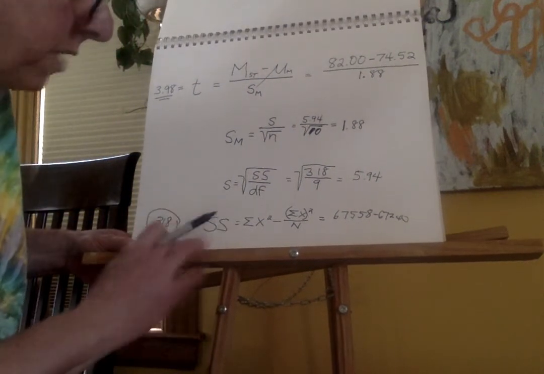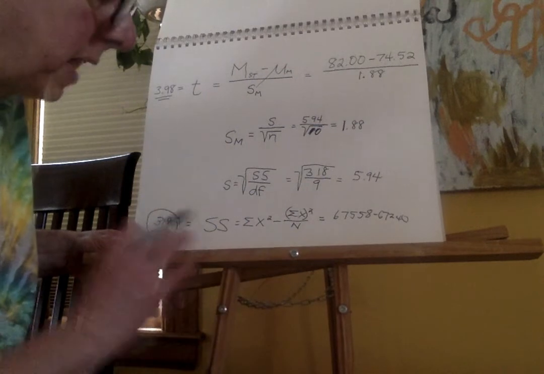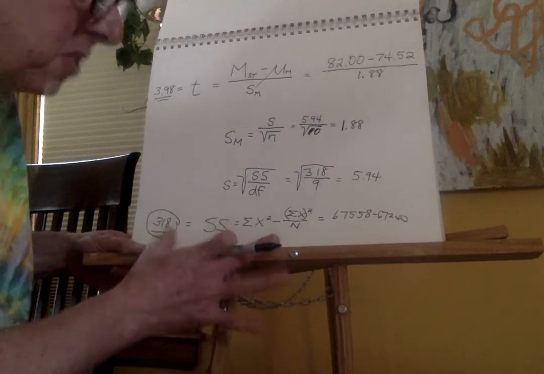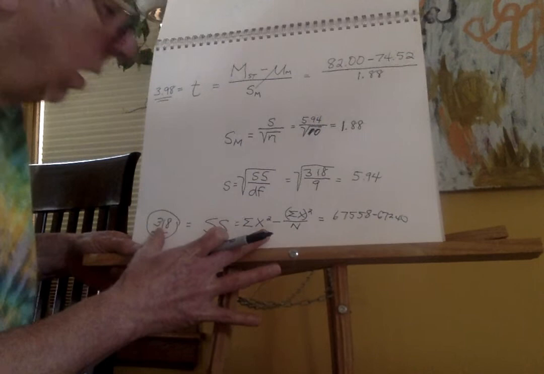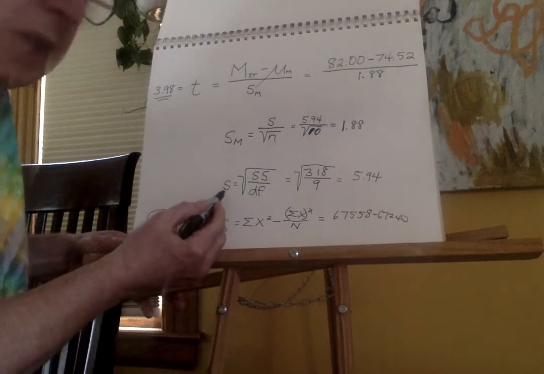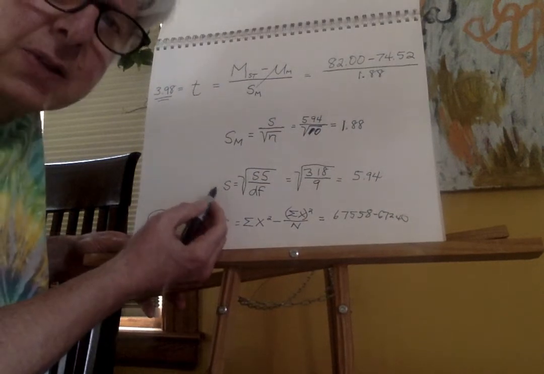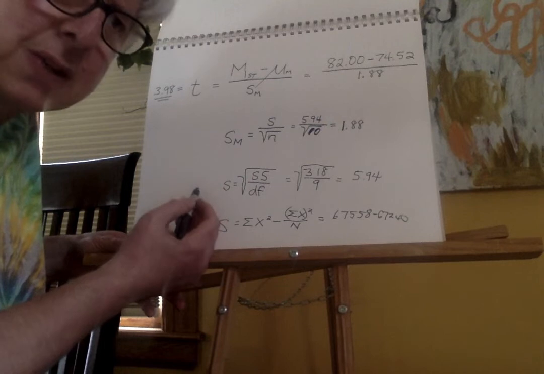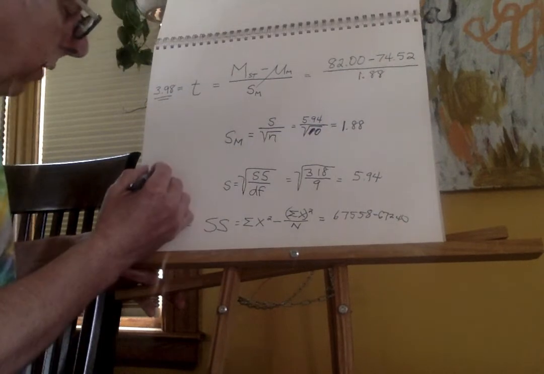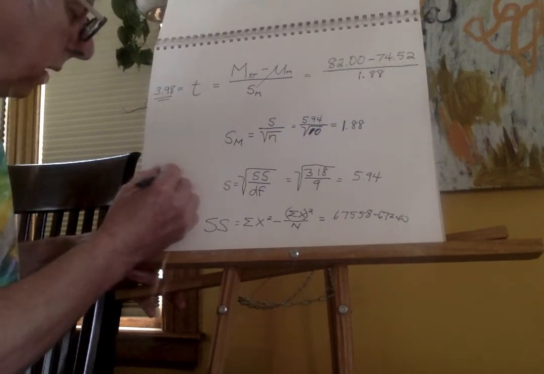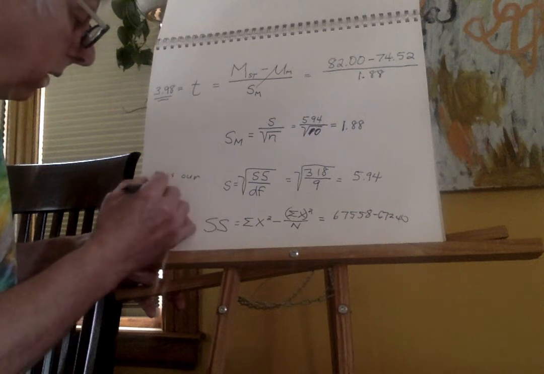Of course, this is a measure of variability with our sample, okay? This is sort of the building block. This is S instead of sigma, but remember what S is.